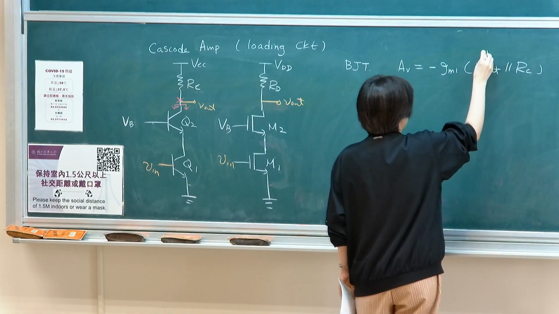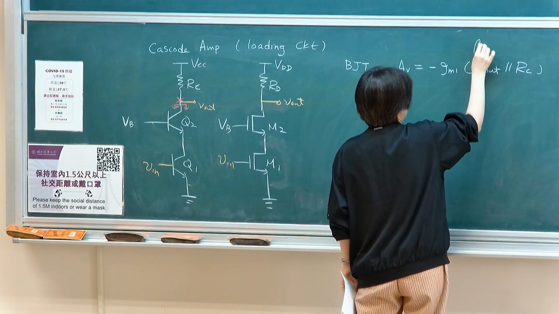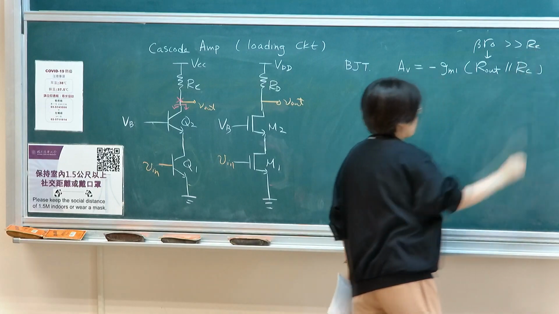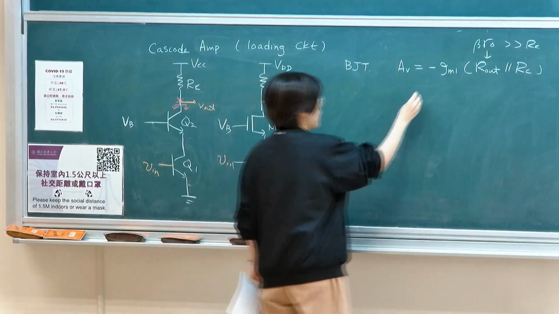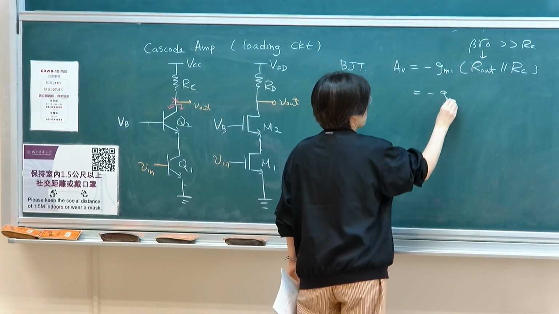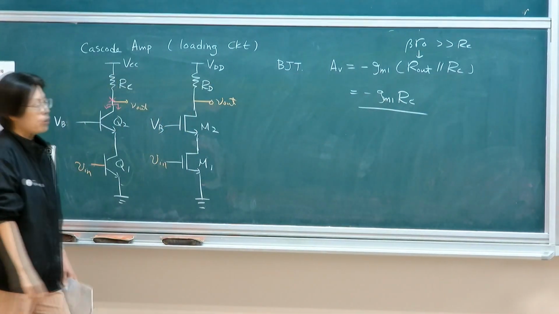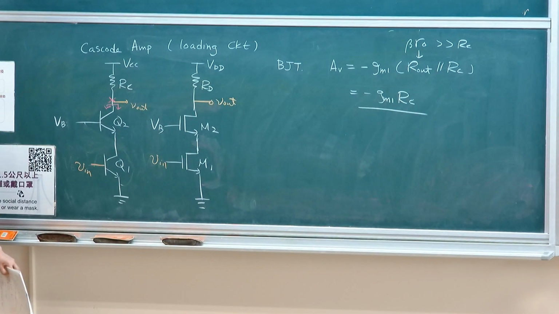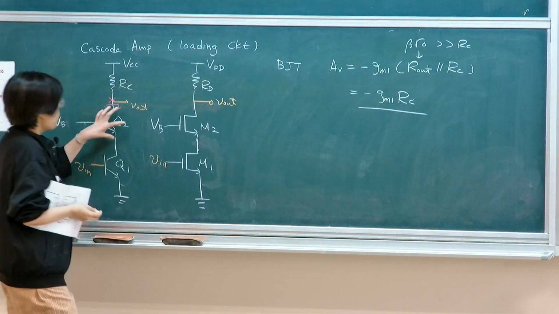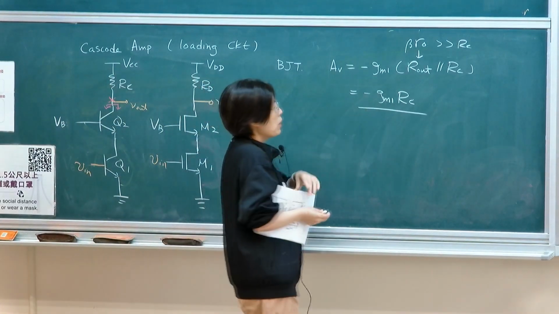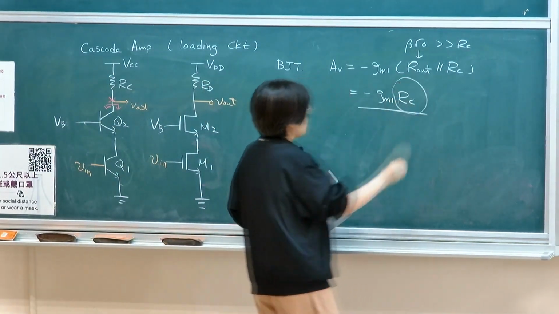We know that Rout in this case is beta times ro, so it's definitely much, much larger than RC. So you would get minus gm1 RC. There's no gain in your ultimate voltage gain because it's the same as when you remove Q2. You didn't get too much because it's limited by your output resistance.